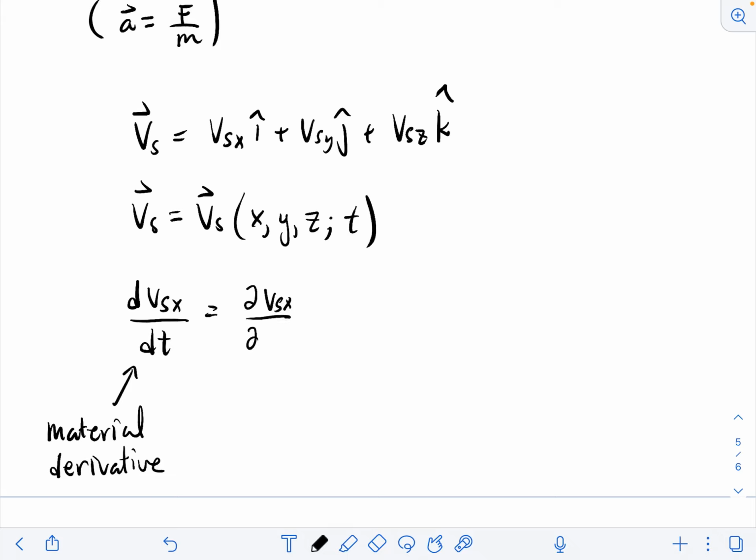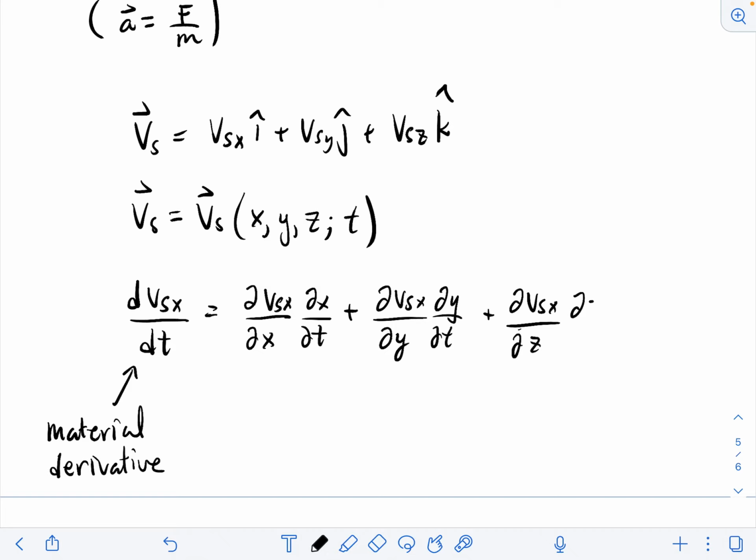times dx dt. And then the same for the y derivative and the z derivative. And then there's also the explicit time dependence.